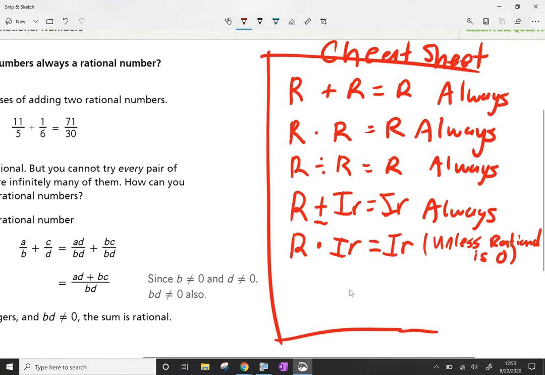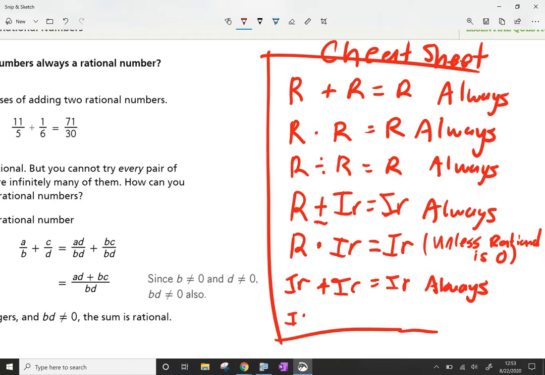I want to add to this list, I think, real quick. Let me think. Okay. What an irrational number times, let's actually do plus first, plus another irrational number. This one's going to be irrational again, always. The last one is irrational times another irrational. This could be both.